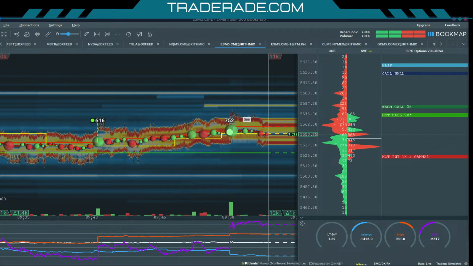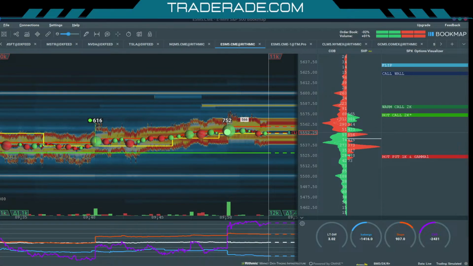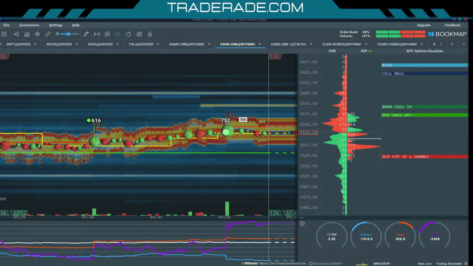Oh, just got some news that may have been related to this move. China waives tariffs on ethane imports from the U.S. So that's more sort of de-escalation news.